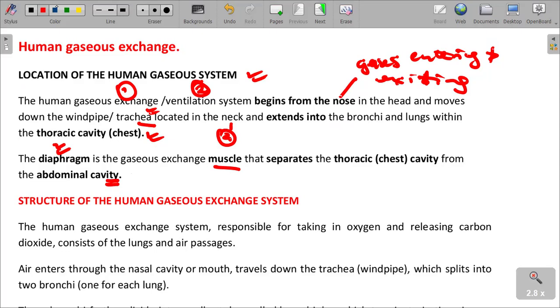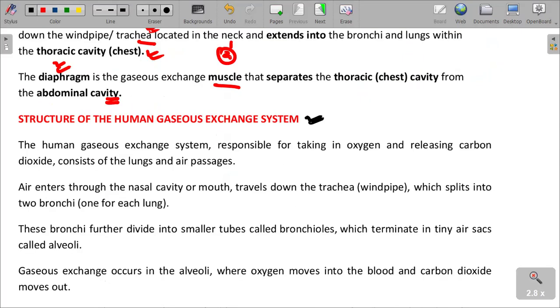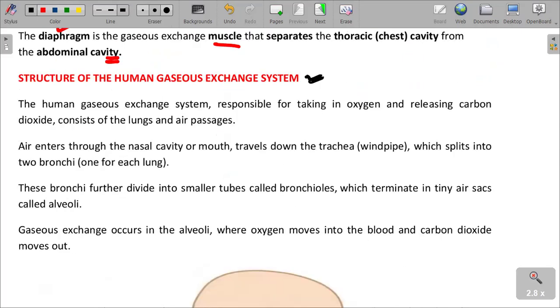Now we look at the structure of the human gaseous exchange system. It is responsible for taking in oxygen and releasing carbon dioxide.